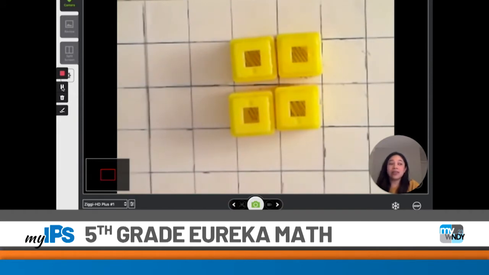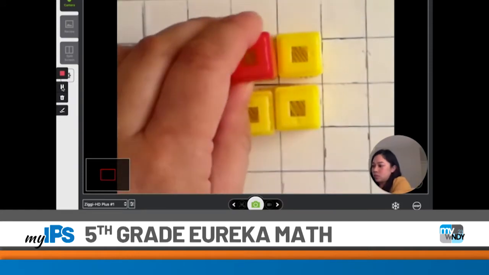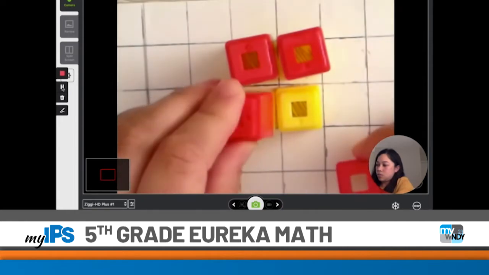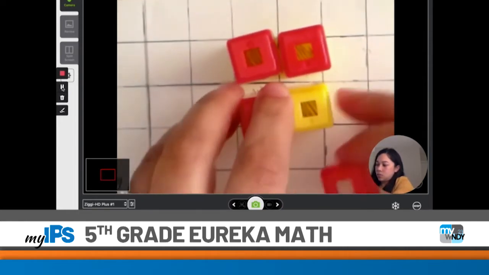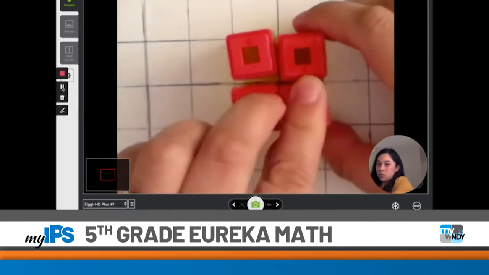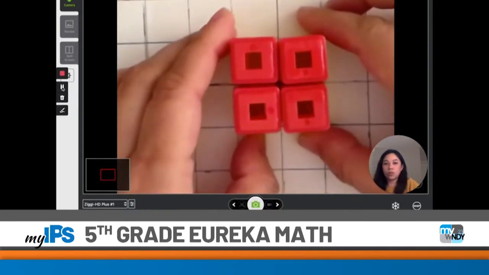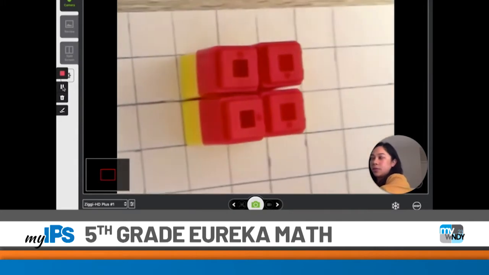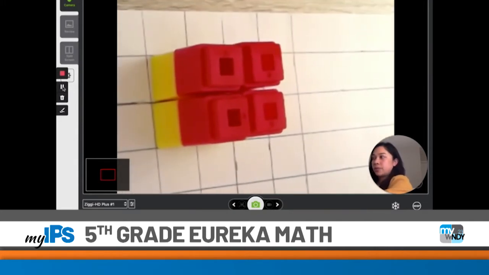So now we're going to make the second floor by putting another 4 cubes directly on top of them. Now you can see the red cubes make up the second floor, but when I tilt my camera, I have yellow cubes on the first floor.